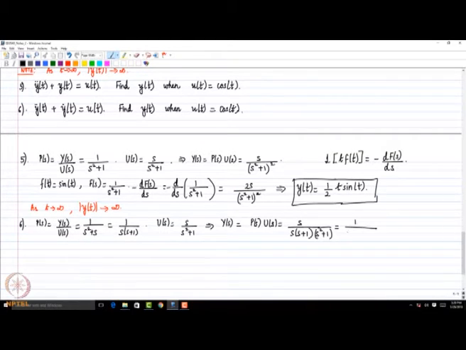So what we are going to have is 1 divided by s plus 1, s squared plus 1. So this will be a by s plus 1 plus bs plus c over s squared plus 1. Am I right? Will s equals 0 be a pole?